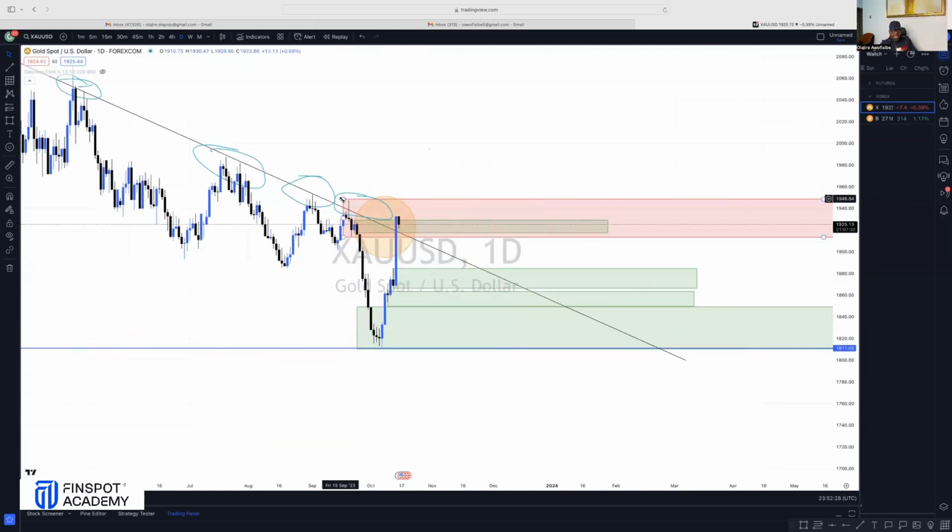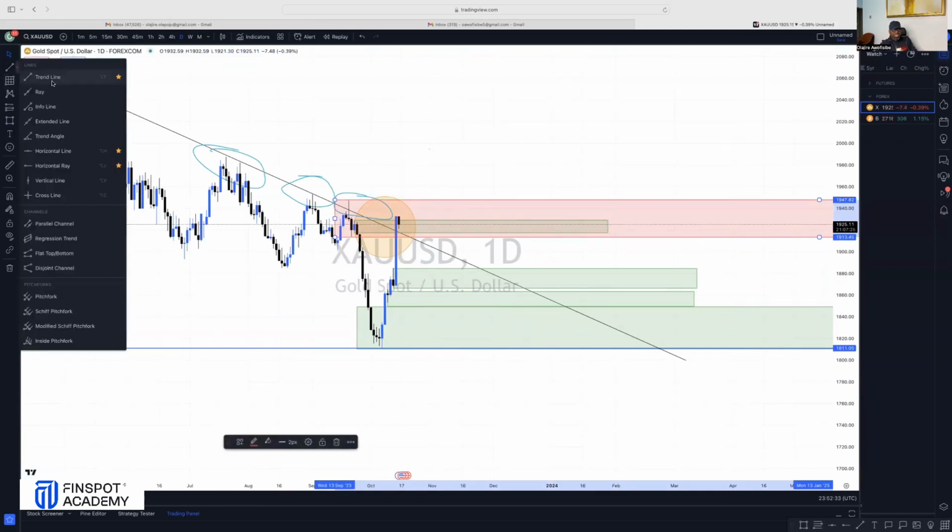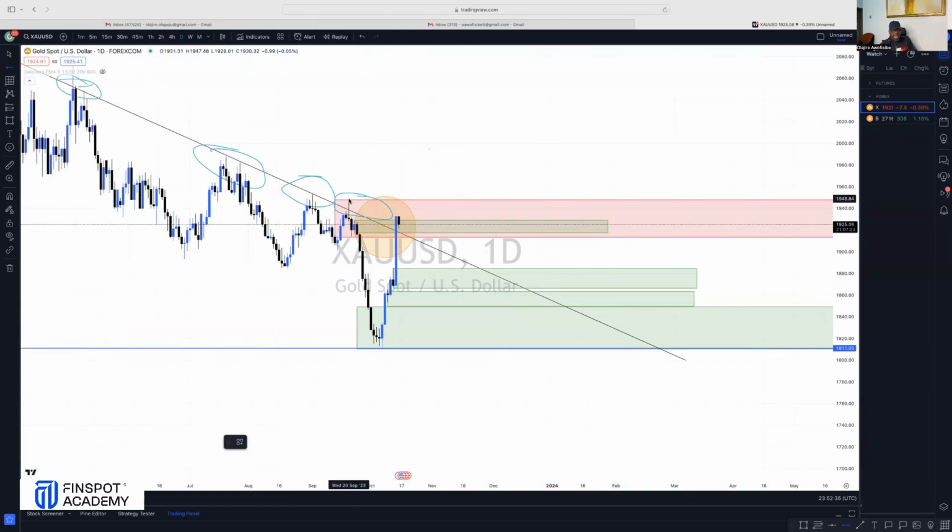But in the meantime, what I am seeing is the possibility of price taking out the previous high that led to the downtrend, which was even this particular one that took place on the 5th of September. We saw price hit 1952 to 1953 area.